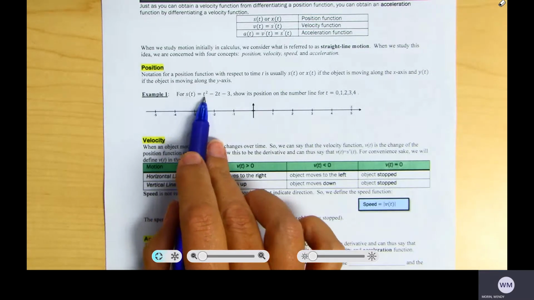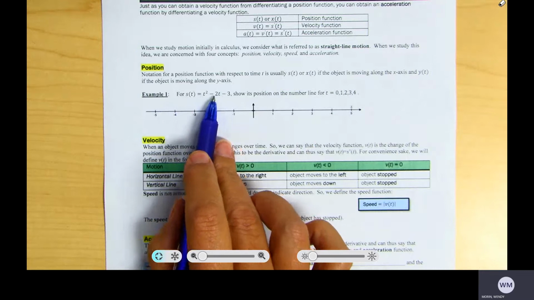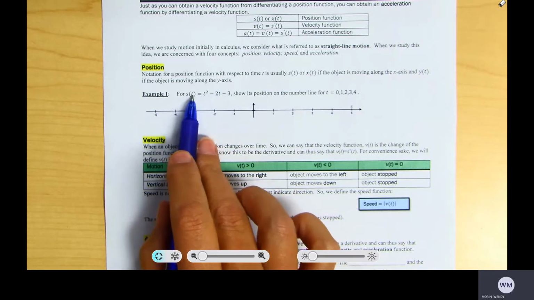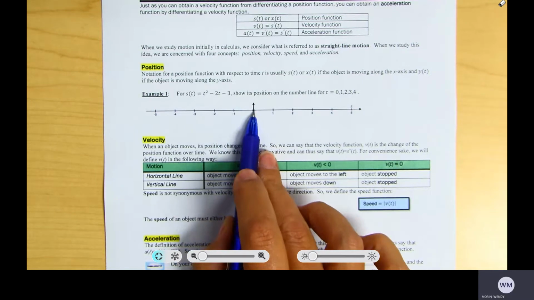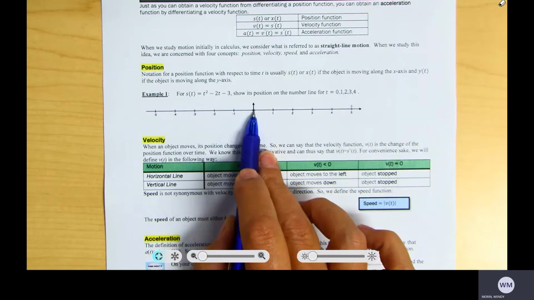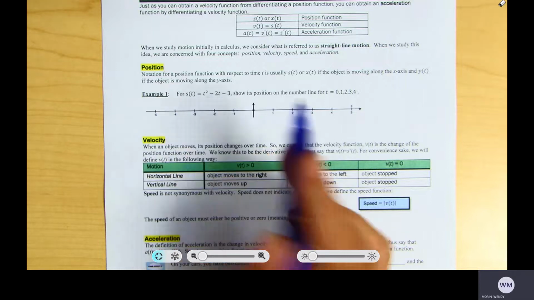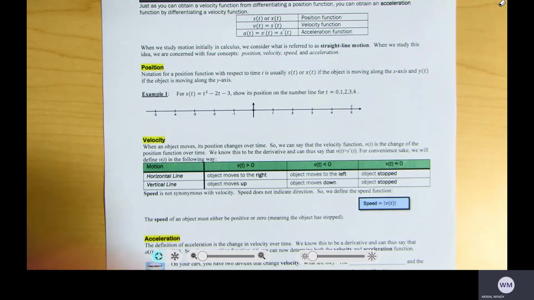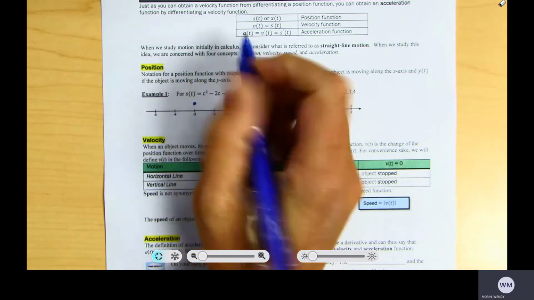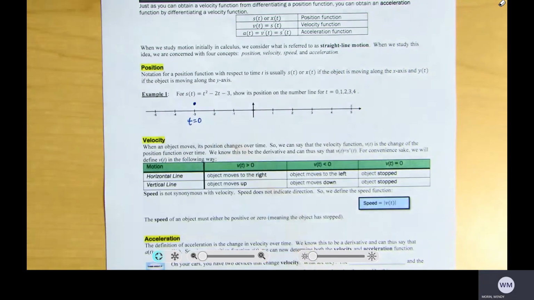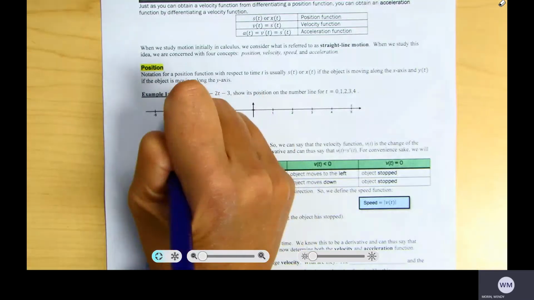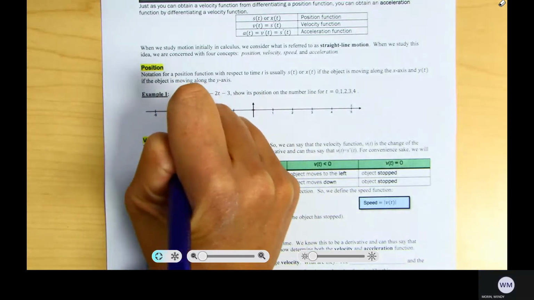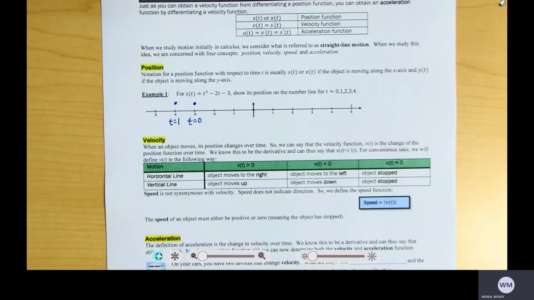So if S of t equals t squared minus 3t minus 3, S of t gives you your position from your starting point right here. So when we plug in 0 into the equation, you end up getting -3. So you are here, initial starting point. When you plug in 1, you'll get -4. So you'll be here, assuming we're talking about seconds.